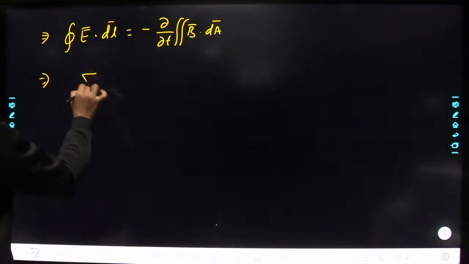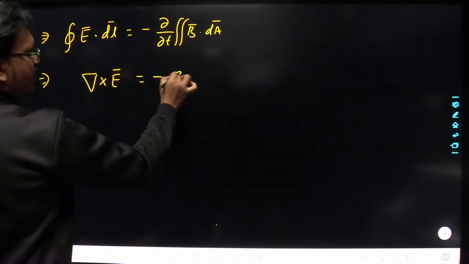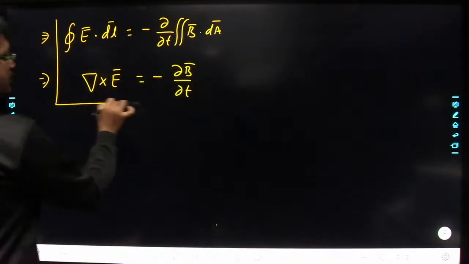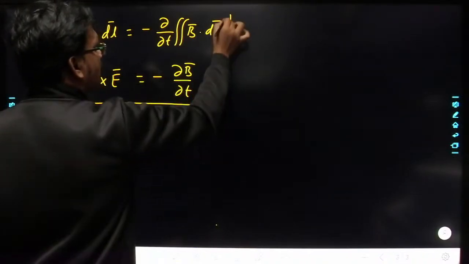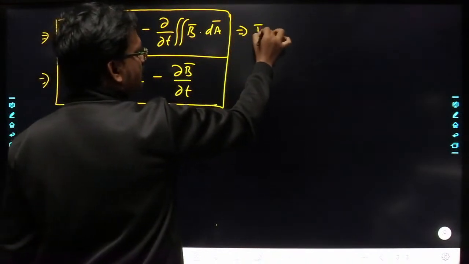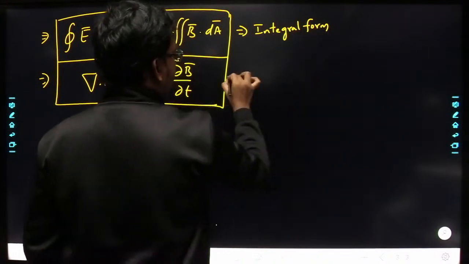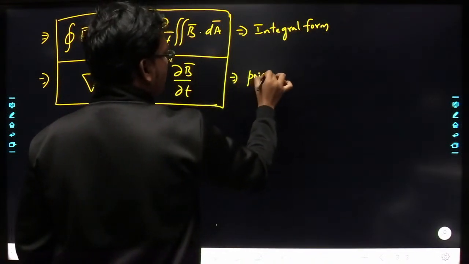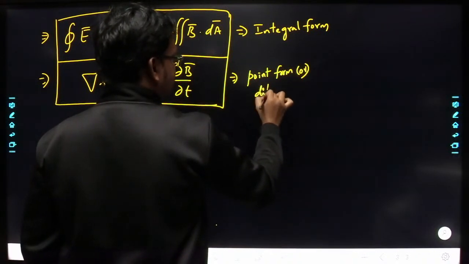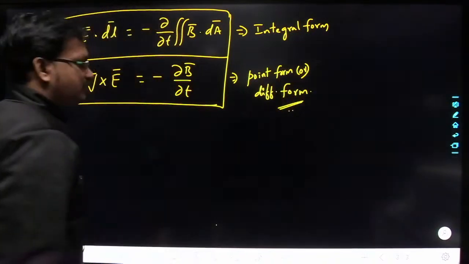And the point form or differential form is curl of E bar is equal to minus dou B bar by dou T. So these are the integral form, and the point form or differential form, of Faraday's law.